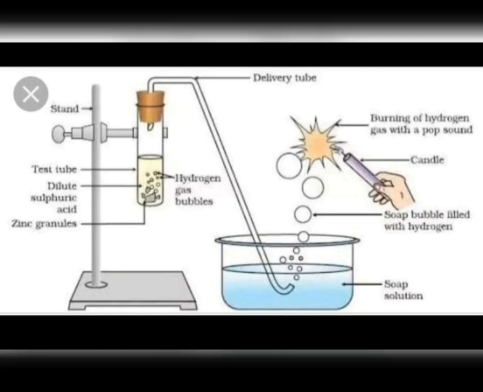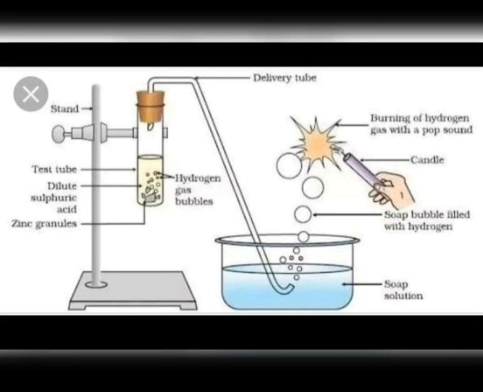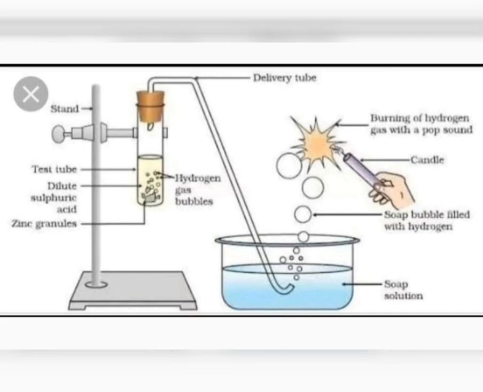Now let's take another characteristic, say formation of a precipitate. But before we take an example of this, we should know the meaning of the term precipitate. What is a precipitate? A precipitate is actually a solid product which is insoluble, which separates out from the solution during a chemical reaction.